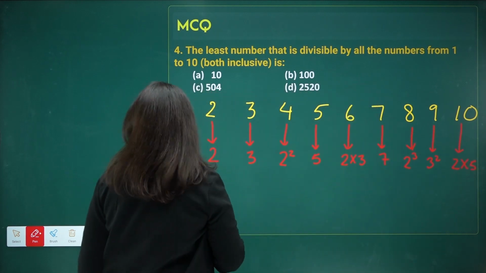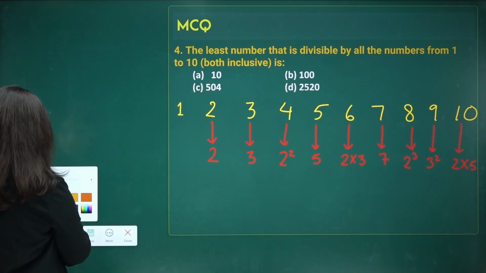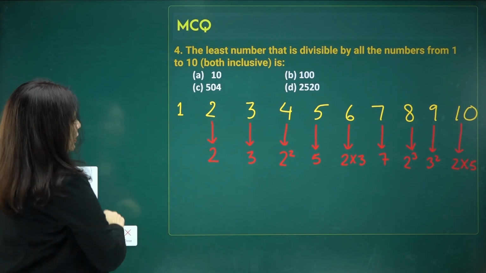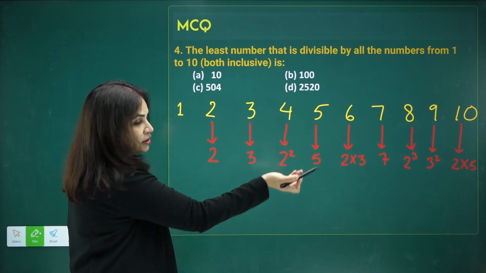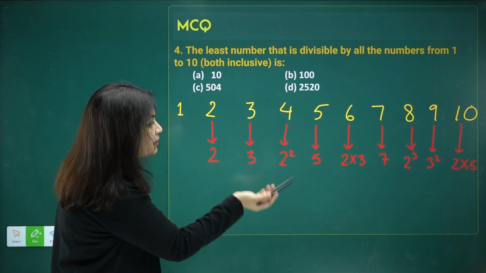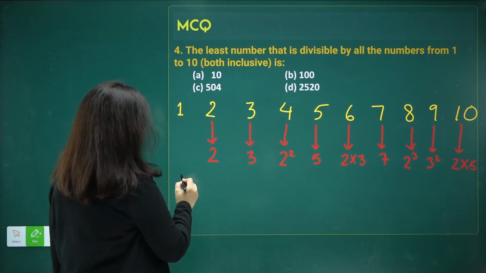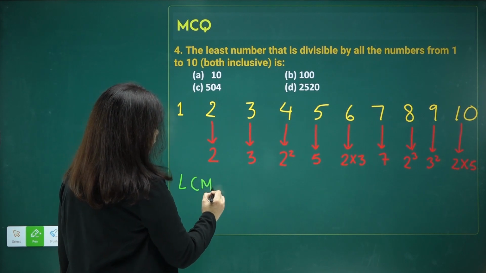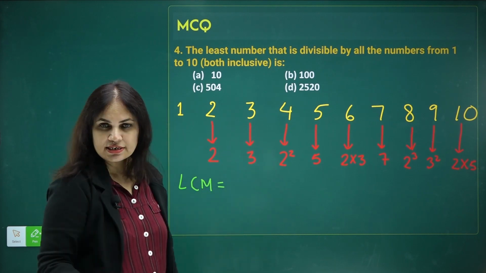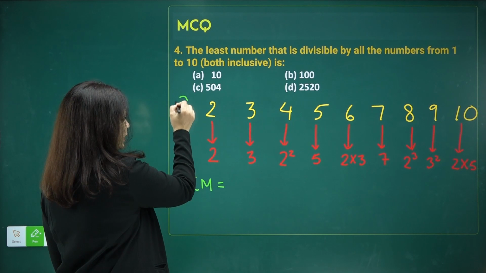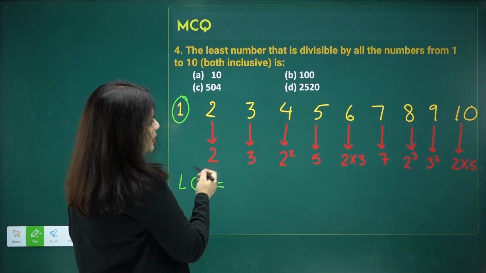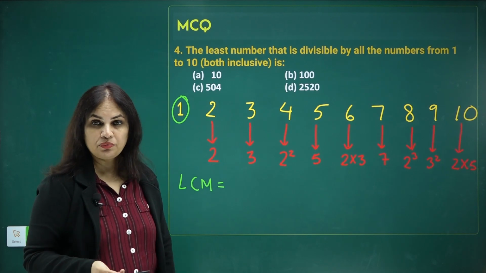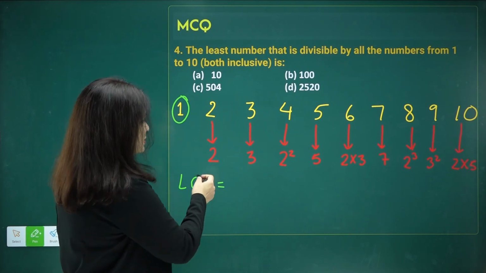Now for finding LCM, what did I tell you? That for finding LCM, we have to look for the same term, that means the common base. So the first common base is 2. We are not including 1 because 1 is not a prime number, and any number multiplied with 1 will give me the number itself.